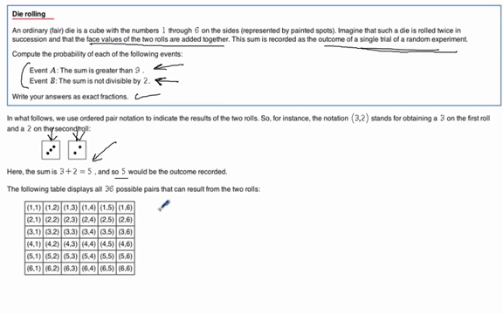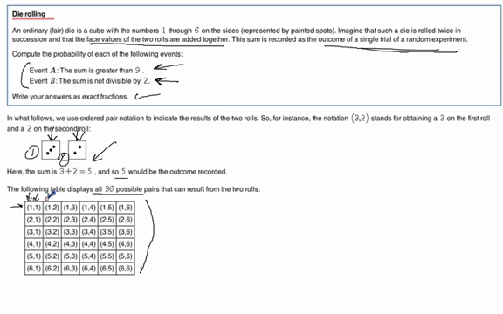Now here is something that we really need to understand. This is a table that shows all 36 possible pairs. So if you think about every single different pair of numbers you can get after rolling 1, then 2, these are that. You could get a 1 on the first roll and a 1 on the second roll.